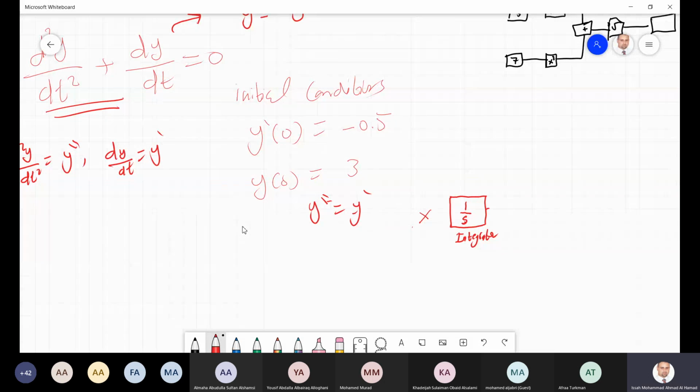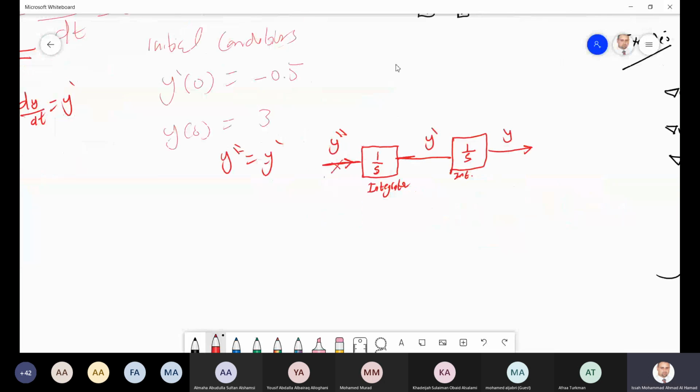However, I know the output from this first integrator will be y prime. Correct? So the input here, for example, you can say is y double prime. The output will be y prime. So if you integrate another time, with another integrator, you will get y.